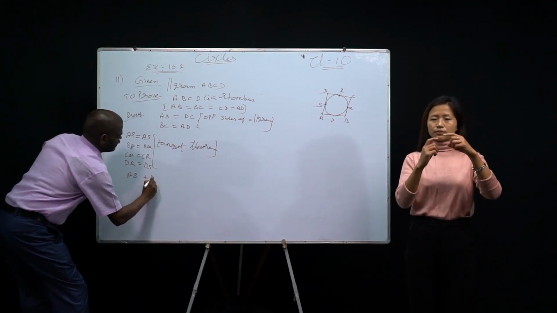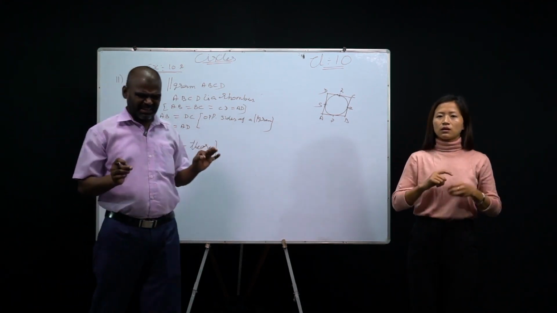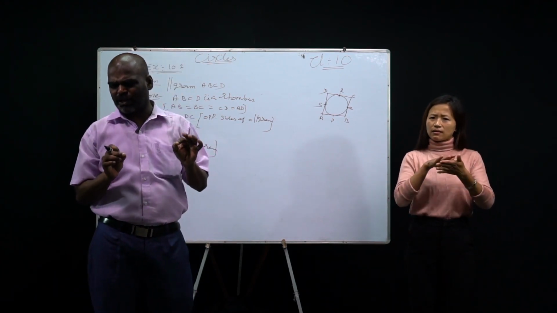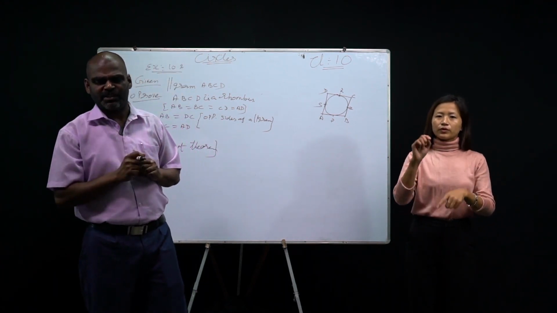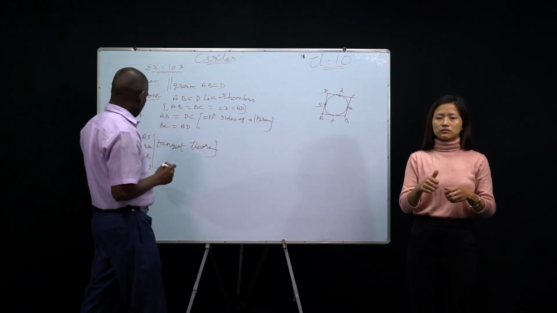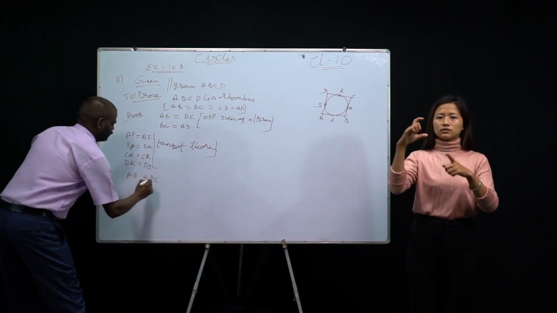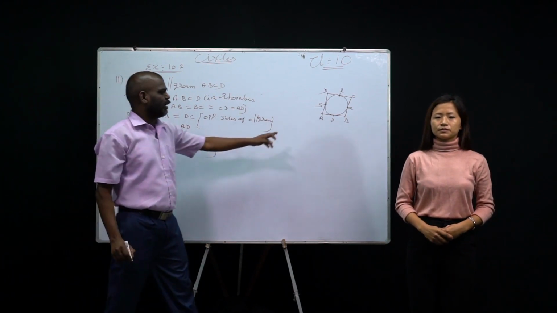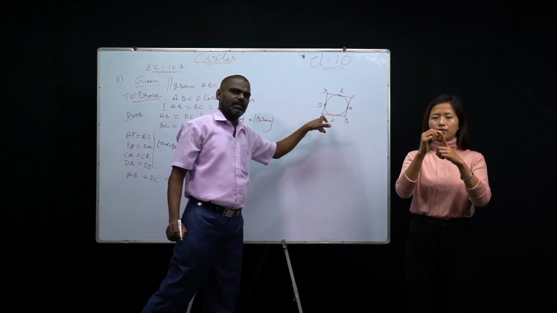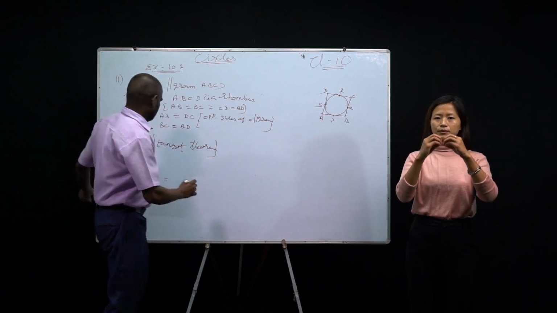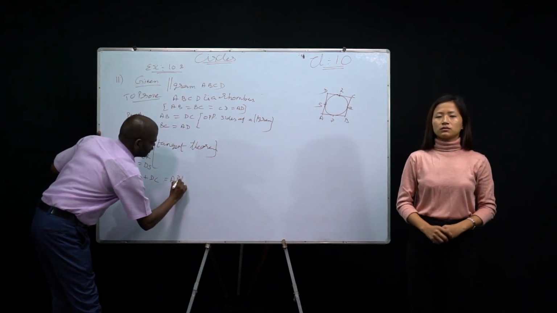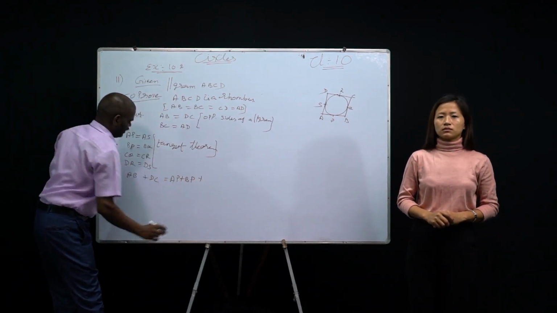AB plus DC. This question is almost similar to question number 8, but some difference is here. Okay. AB plus DC equals what? What is AB? AP plus BP, right? That is AB.